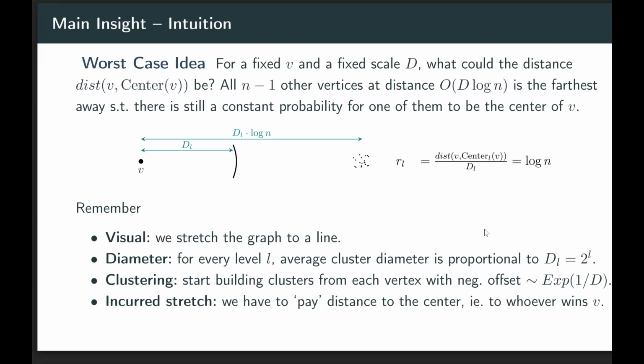But let's recap again, how does it work here? We have the diameter specified, and then how does the clustering work? Well, this visual: you start from S, you start filling up the graph, and they all start growing balls at different offsets. The question is, who wins V? Meaning, in which cluster will V belong?